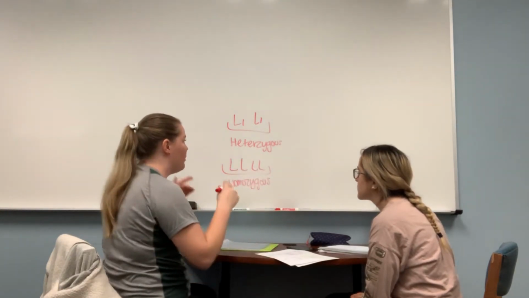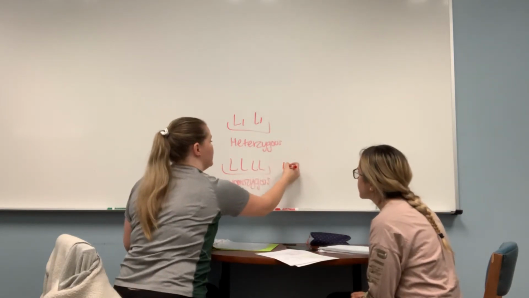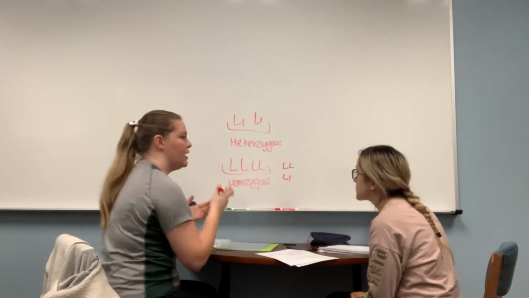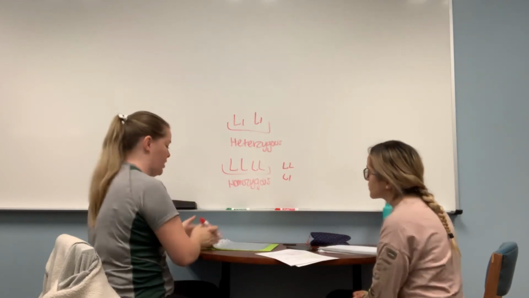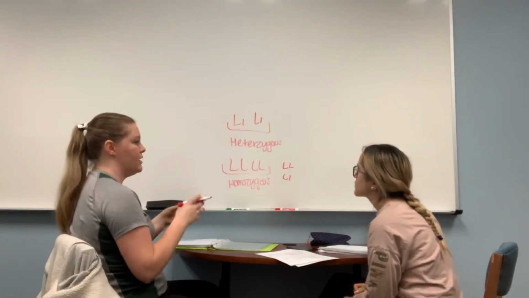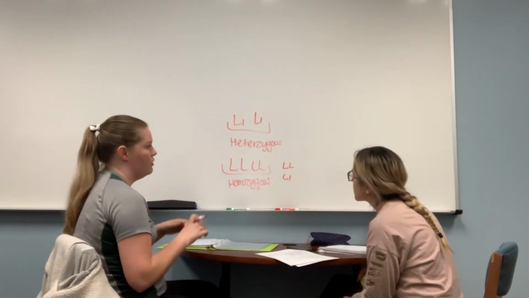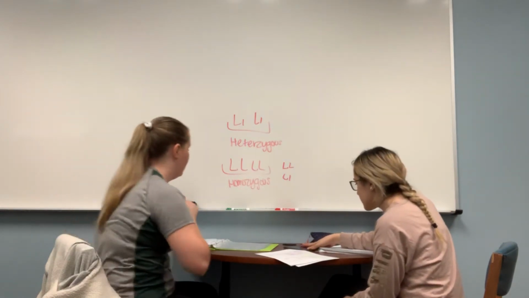So you have to remember, same, different. One person is homozygous and one person is hetero. And each pair, because you're always working with two sets of alleles. When it comes to the Punnett square, you look at one and then the other. Yeah, that makes it so much easier.